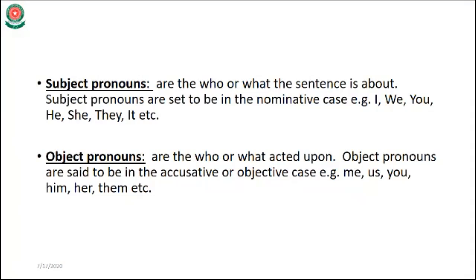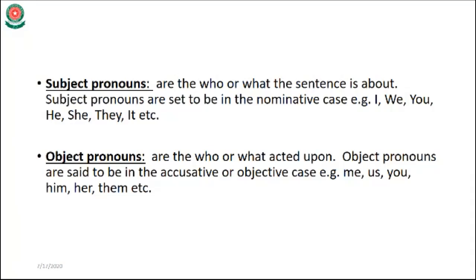So in subject pronouns, instead of Ali, we use I, we, you, he, she, they, it. We only use he instead of Ali. And this comes in a personal pronoun, or you can say this also comes in the subject pronoun. Okay, next is object pronoun.